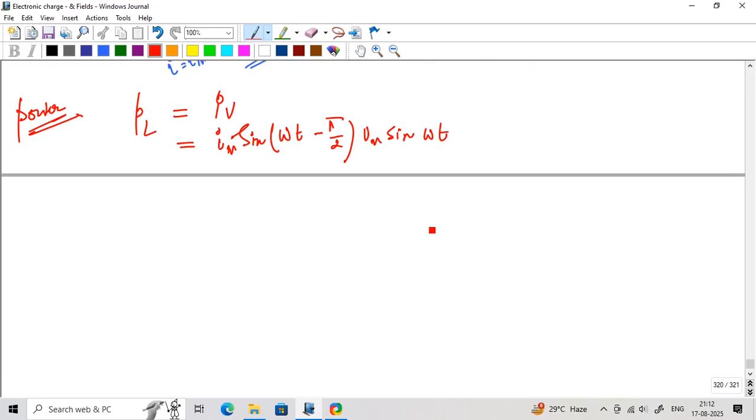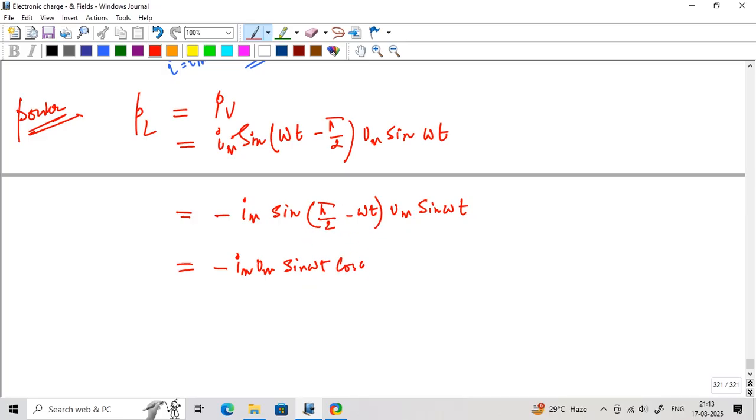Now, taking the minus common, that is Im sine pi by 2 minus omega t times Vm sine omega t. So minus Im Vm sine omega t, and sine pi by 2 minus theta is cos theta, so cos omega t.